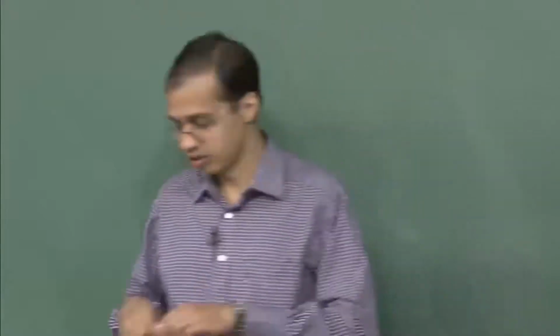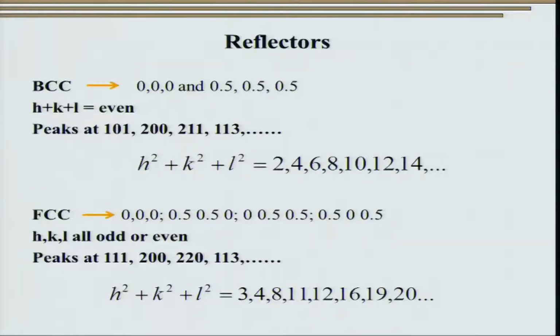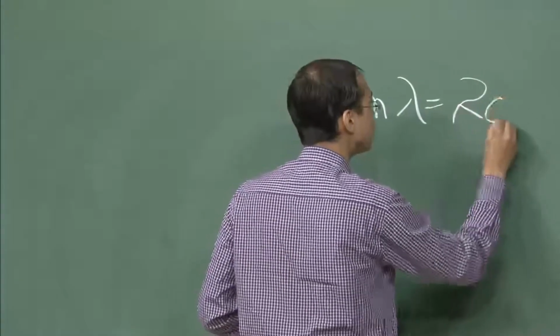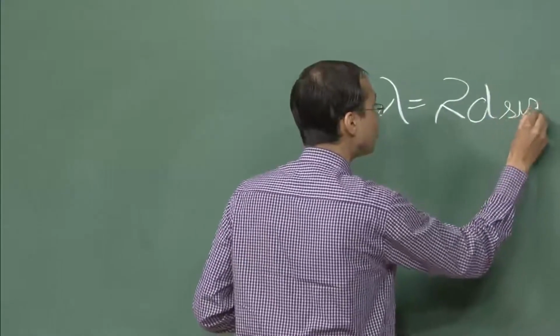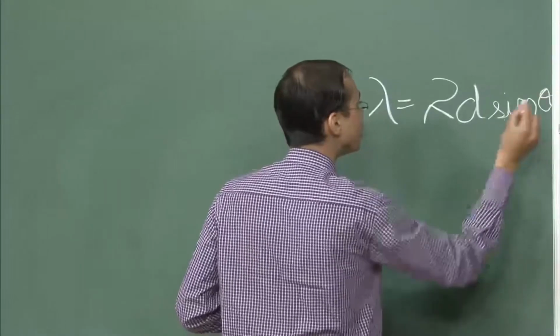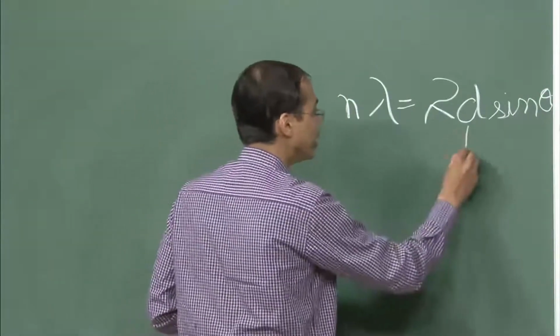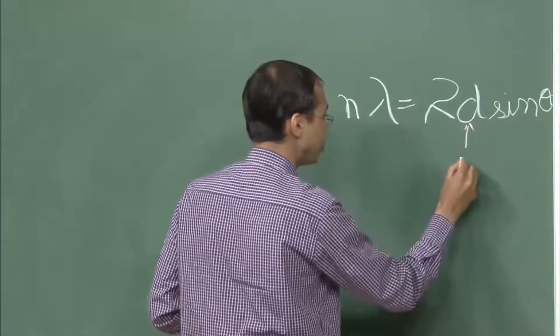We know that all the techniques comprising X-ray diffraction have one thing in common, and that is essentially Bragg's law, which goes as nλ = 2d sin θ. So we know that for a given crystalline material, the d is related to the lattice parameter.